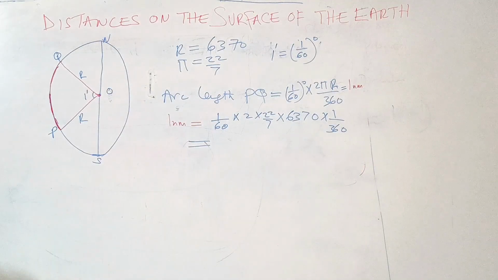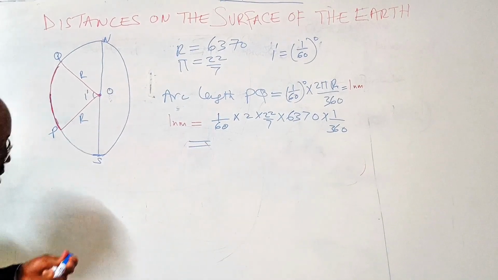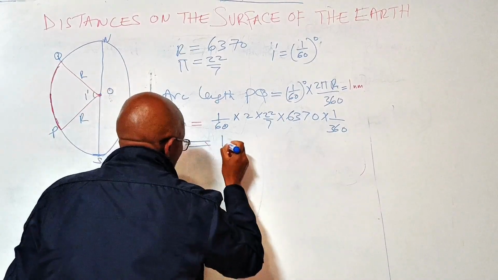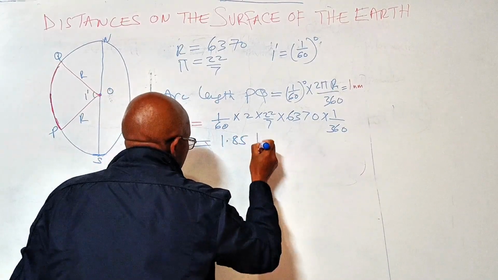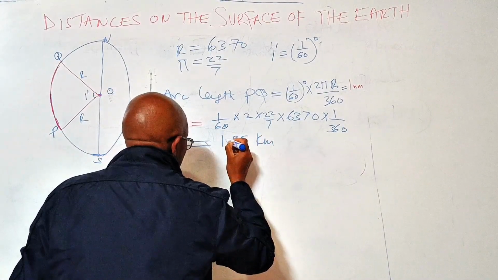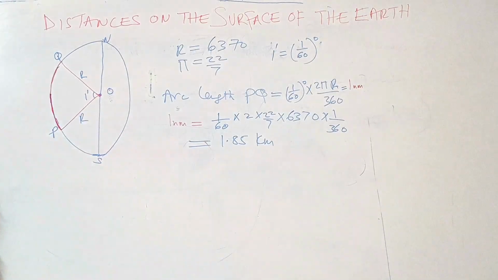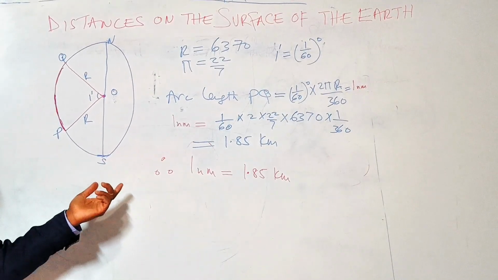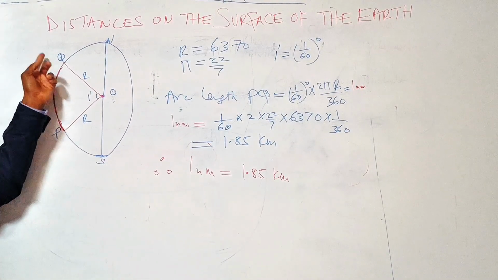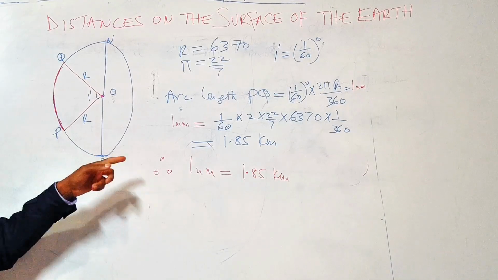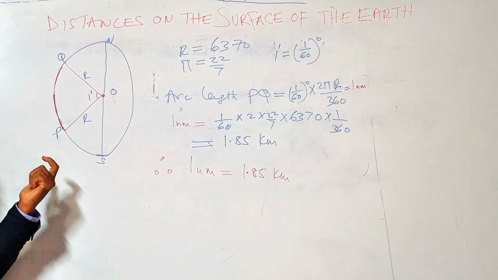This one will give us 1.85 kilometers. Therefore, the arc length PQ is equal to 1.85 kilometers.